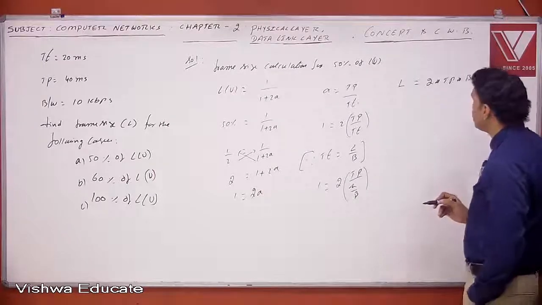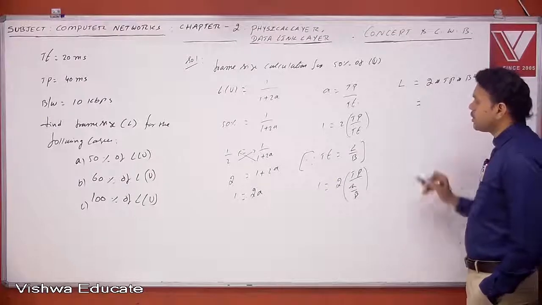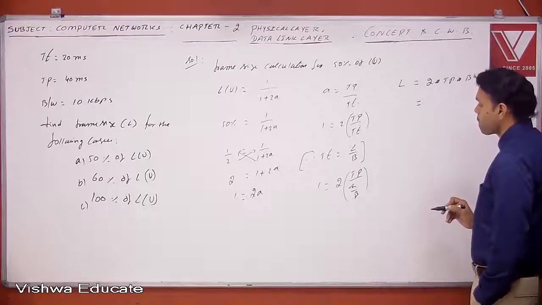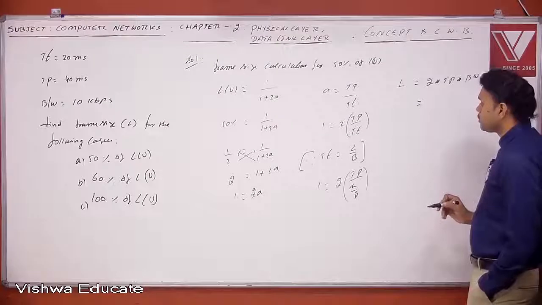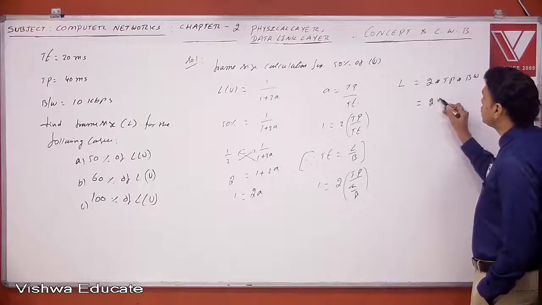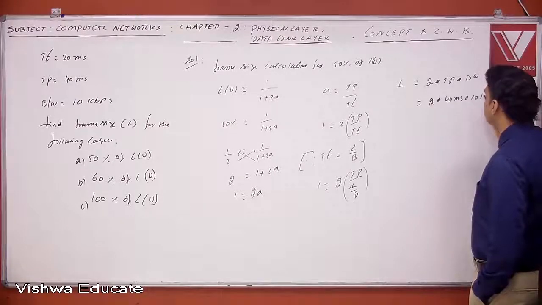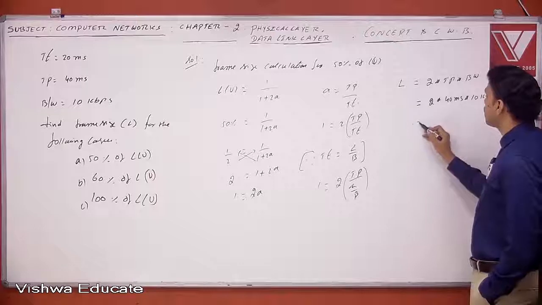Okay friends, now using this I can find the L value in this way. Two into Tp, which is 40 ms, and bandwidth is 10 kilobits per second.